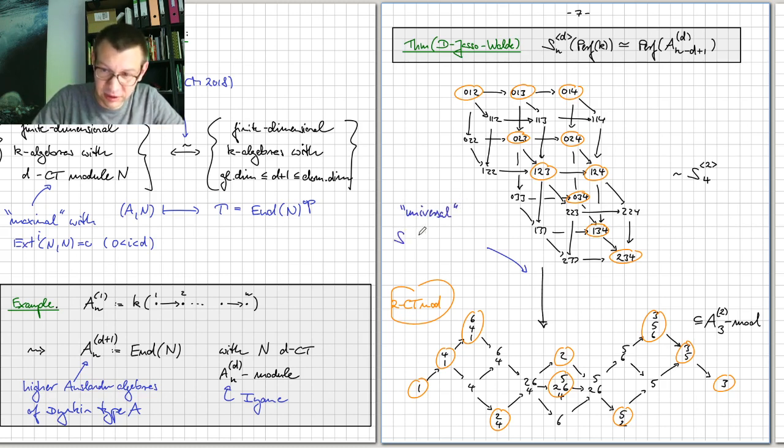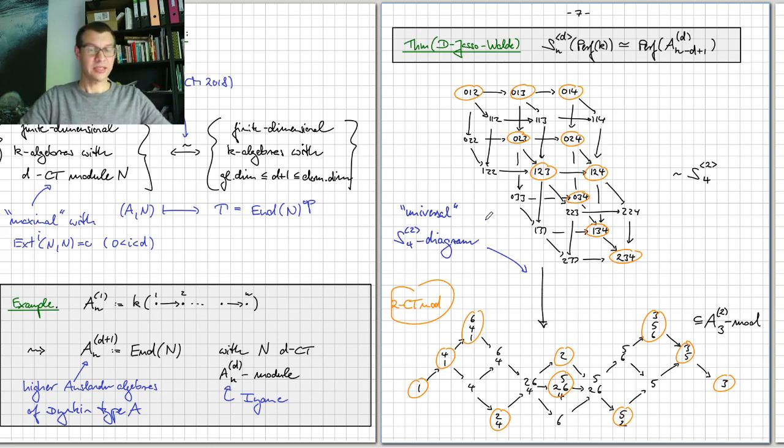This is a universal S4 diagram, in the sense that, for example, the way I formulated it here, writing down a Waldhausen diagram valued in perfect complexes over K is the same thing as writing a representation of A32 which is perfect. If I have such a module, I just pull it back, and that way I can write down any Waldhausen diagram of exactly this dimension.